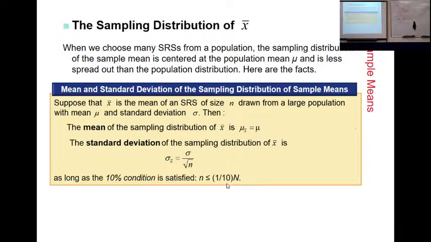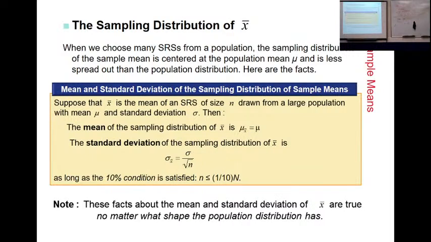This works as long as the population is at least 10 times the sample size, and we talked about that at the Zoom meeting on Friday. And this happens regardless of the shape of the population distribution. The sampling distribution will always have this mean and standard deviation no matter what.